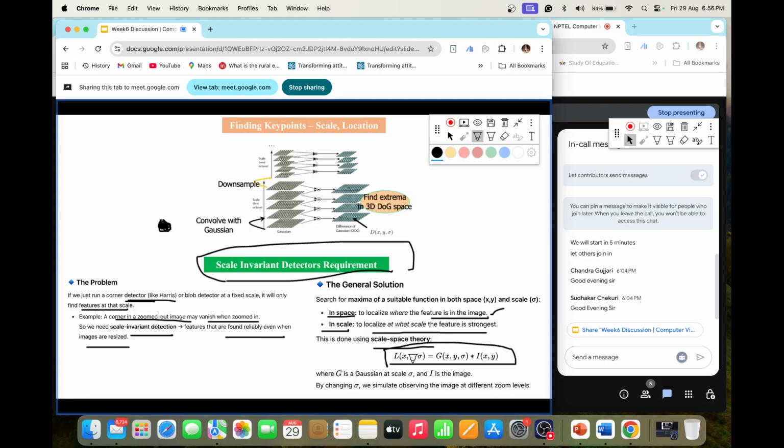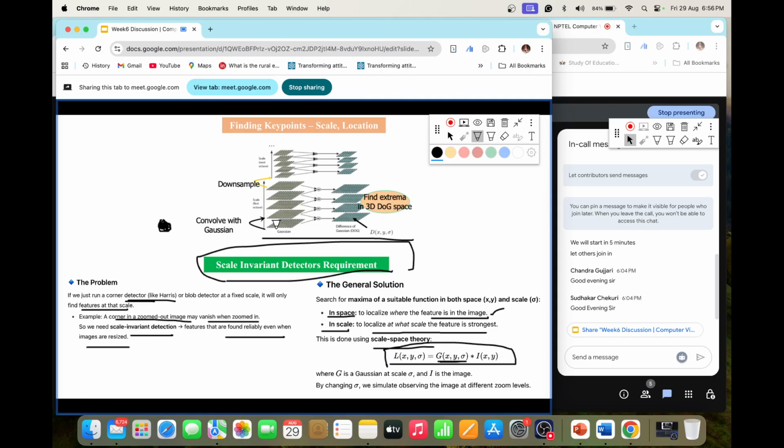Why is it scale space theory? Because whenever we apply g of x, y, sigma to this image point, we are actually scaling the image. This can be seen from this diagram. This is our original image, the surface at the lowest point is our normal image.